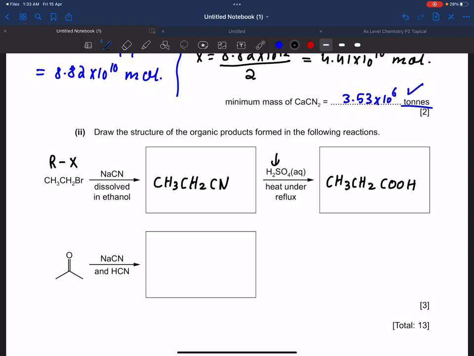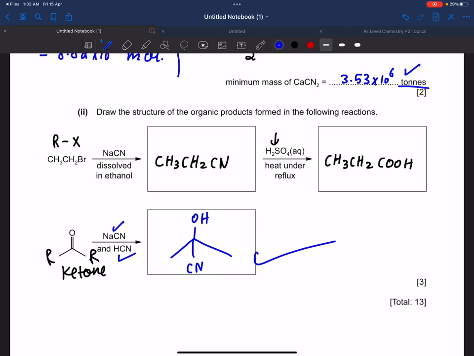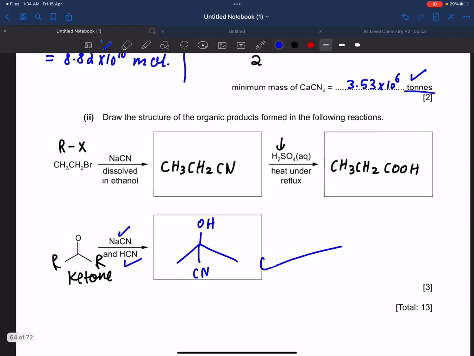CH3CH2COOH. That's it. Now this is a ketone, with an alkyl group on each side. So when we add NaCN and HCN to it, everything remains as it is. There is a CN added here, and O and H are there. This is called a hydroxynitrile. The classification of the compound is hydroxynitrile.